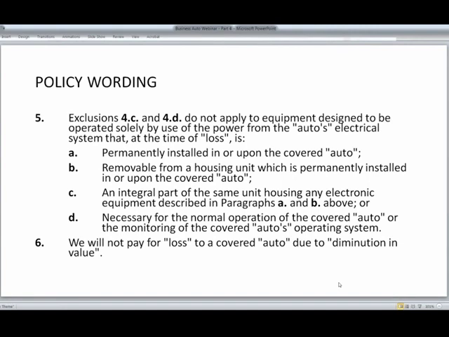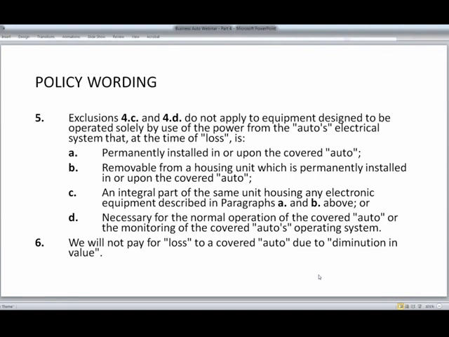And again, if you need to buy any excess of this, the endorsement 9960 will allow you to buy in excess of the $1,000 covered. This is important because as we move forward, for the larger units that our insureds might use, the 18-wheelers operating under the Federal Motor Carrier Safety Administration's activities, they will have to have electronic logs on board, and this is the type of equipment that would fall under there. We will not pay for loss to a covered auto for diminishing in value. This is a gray area.